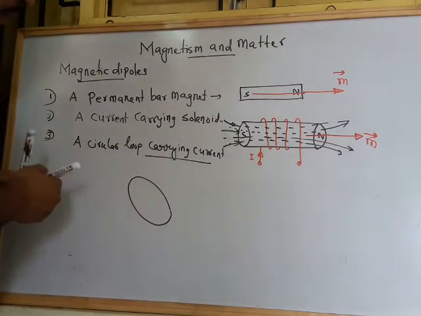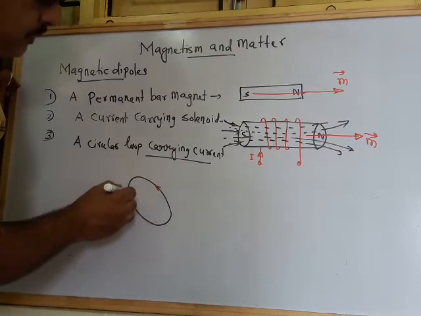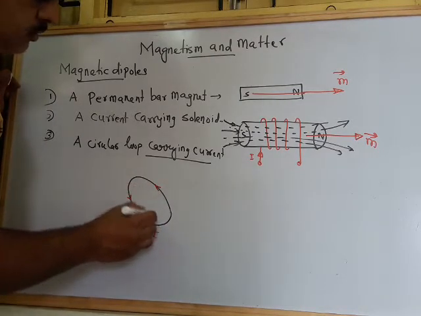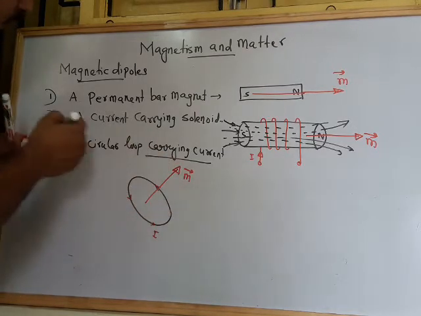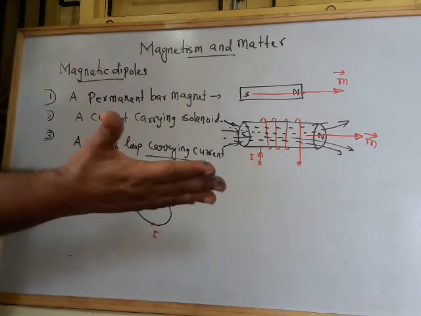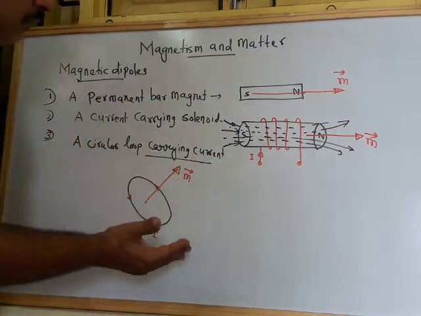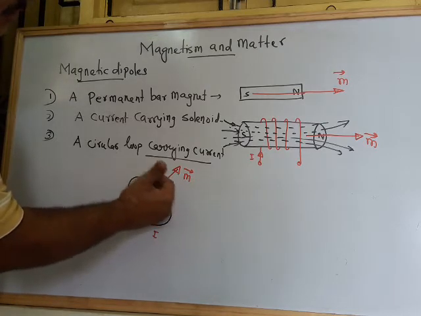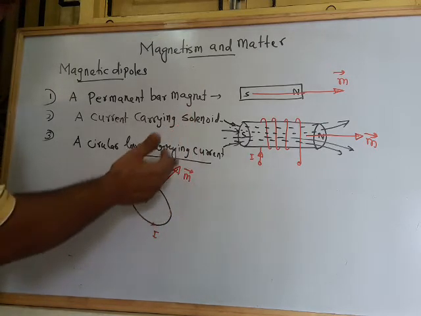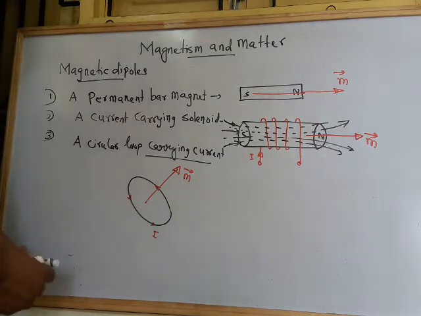It is carrying current in this way. Say the direction of current is here, then you at once have a magnetic field in this direction. How can you find the magnetic field? Just take your right hand palm and denote the curling fingers with the direction of current. The thumb will point in the direction of the magnetic moment.